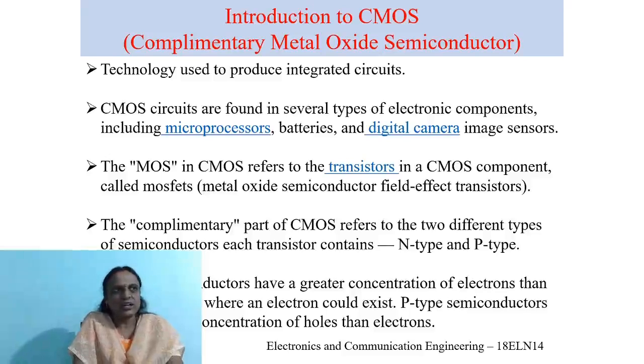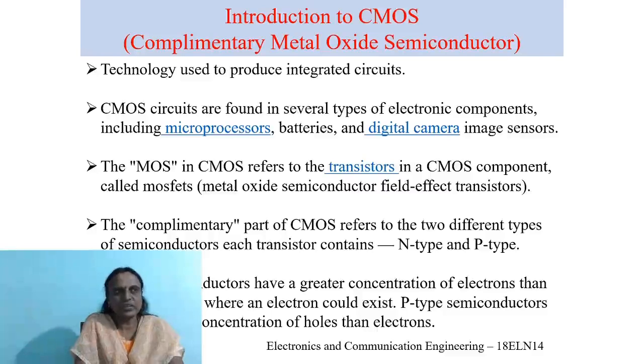N-type semiconductors have a greater concentration of electrons than holes, because it is N-type, or places where electrons could exist. Whereas on the other side, complementary to it, P-type semiconductors have a greater concentration of holes than electrons.